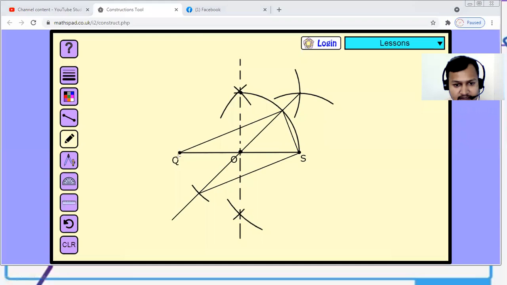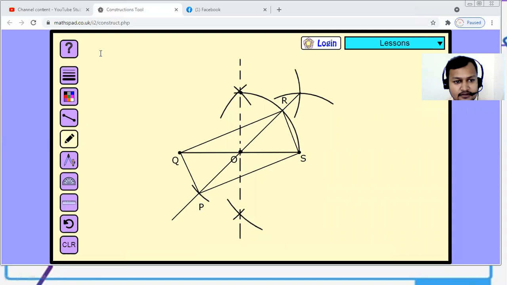This is the rectangle obtained, and the name of the rectangle is PQRS. So let us give the names. Let it be P. This other diagonal is PR, and so this point is R. So rectangle PQRS is constructed.